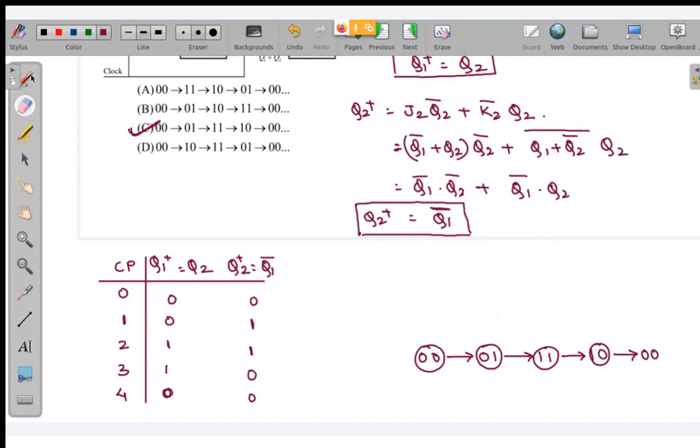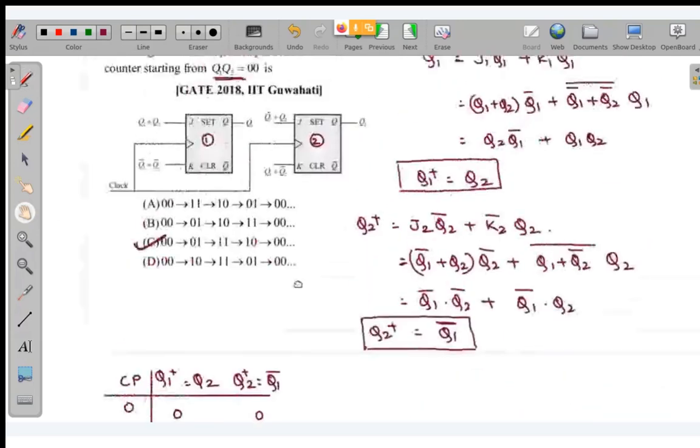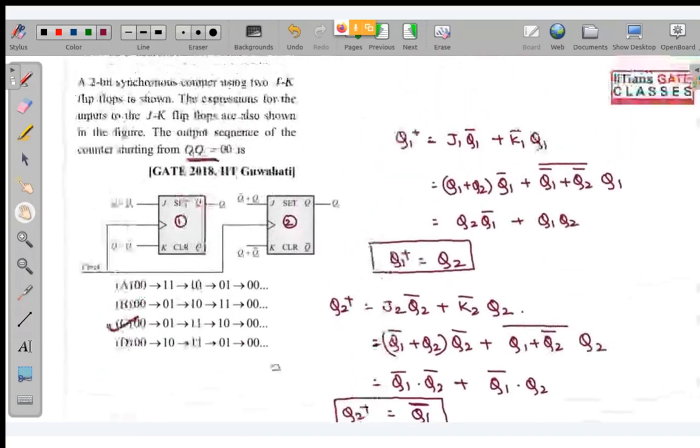Okay, so option C is correct. Is it of Q1, Q2? I was not able to see. I wrote like this. Okay, fine.